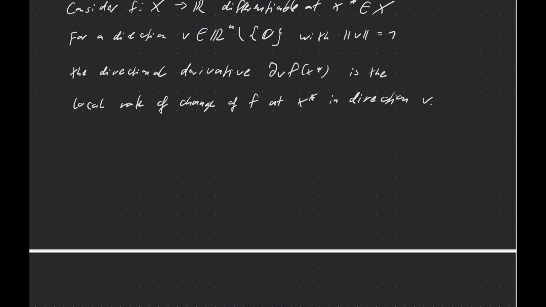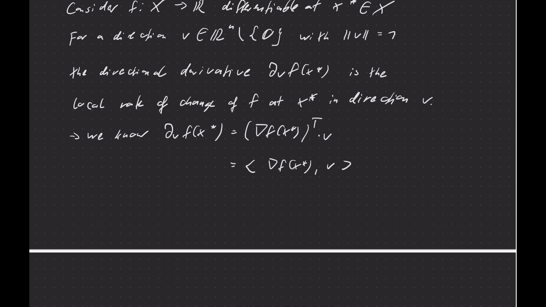We know that the directional derivative is related to the gradient. In particular, we know that d_v f at x star is the same thing as the gradient of f at x star transposed times v, or in other words, the scalar product of that gradient and the vector v.